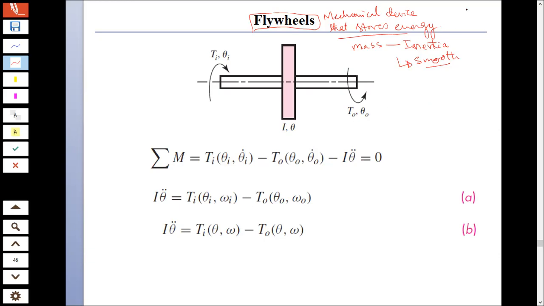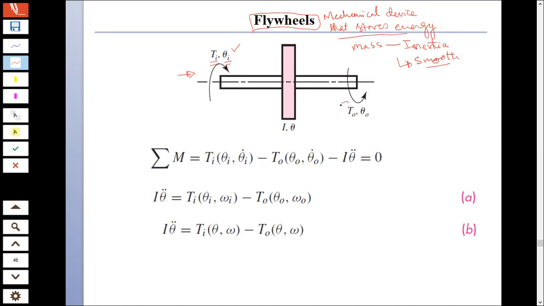So if we consider this figure over here, let's say that the power input, or the torque input, is Ti, with an angular displacement of theta i.